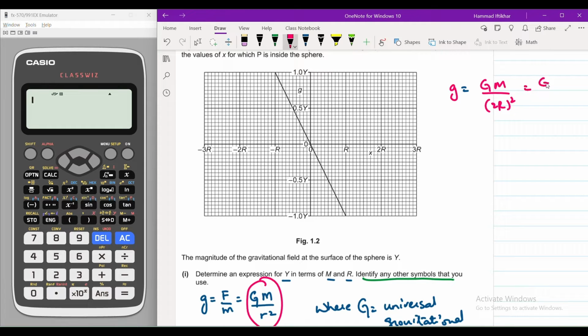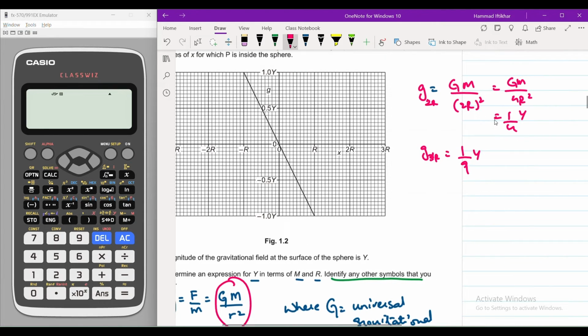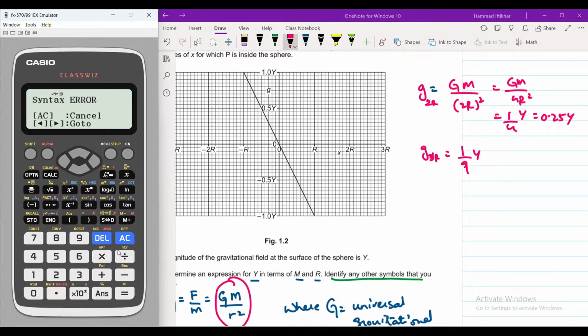So this would be GM over 4R squared, which is 1 over 4th of G. Similarly at 3R, that would be 1/9 of G. So 1 over 4 is 0.25 G, and 1 over 9 is roughly 0.1.